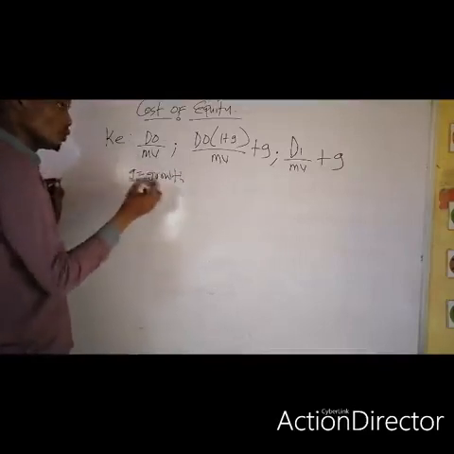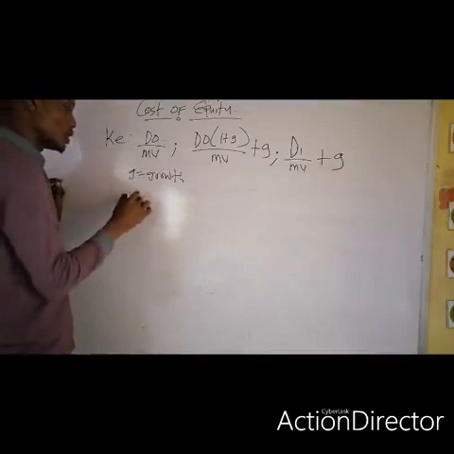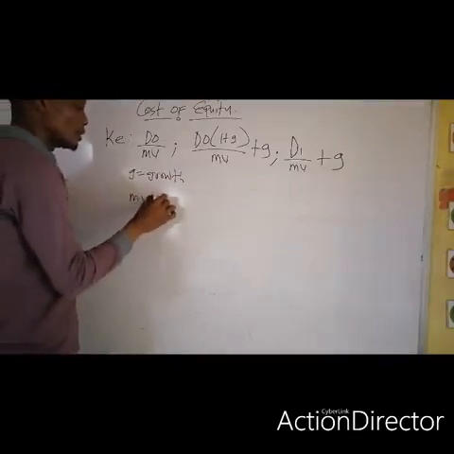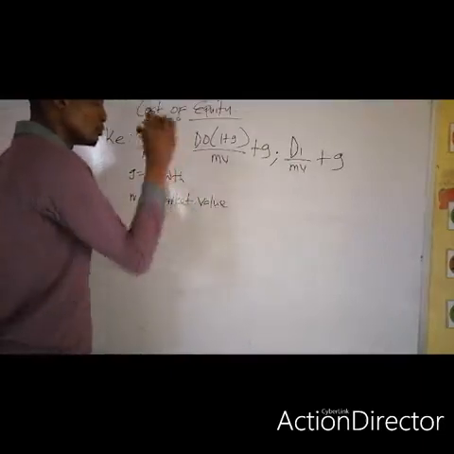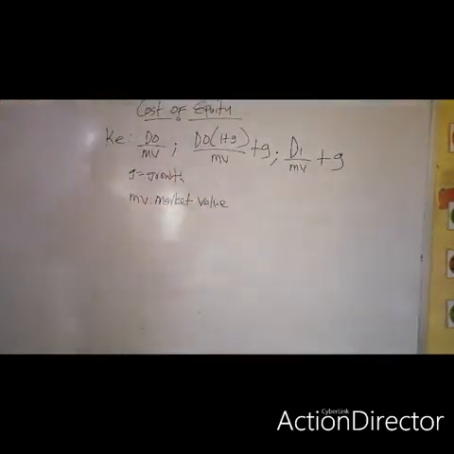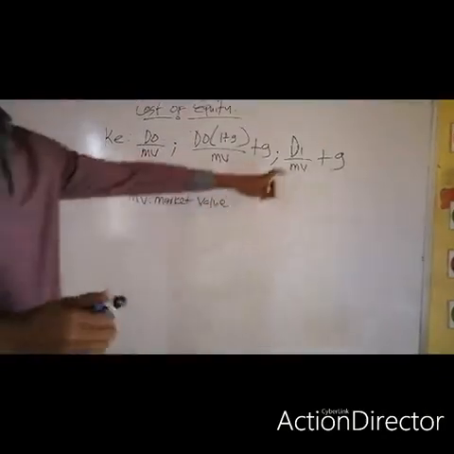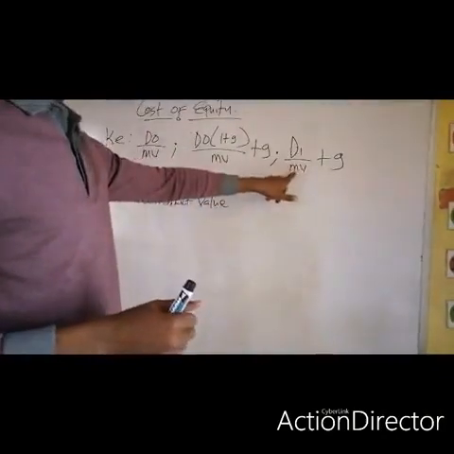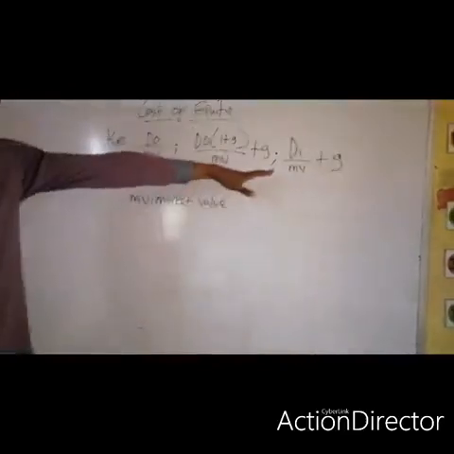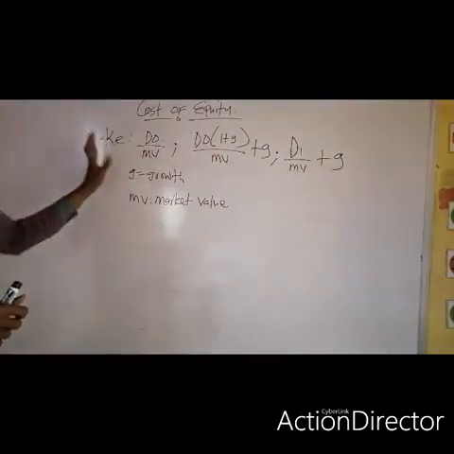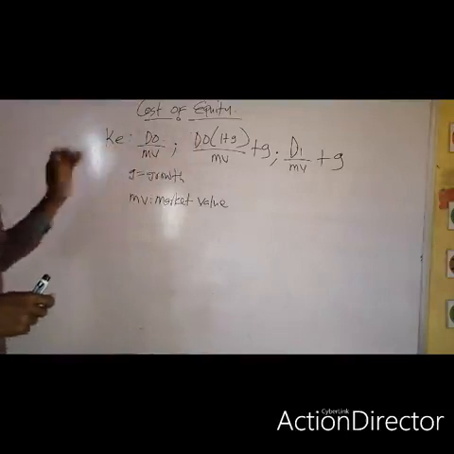Why MV? We know what MV is from before. MV is equal to market value. Or D1 all over MV plus G. So these are the various forms of calculating cost of equity.